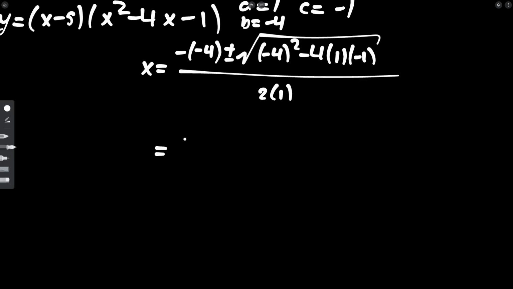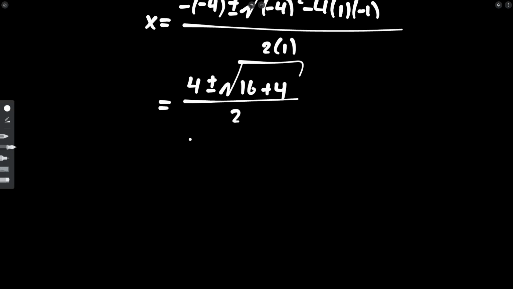That negative 4 becomes a positive, plus or minus the square root of 16 plus 4, over 2. This becomes 4 plus or minus the square root of 20, over 2.